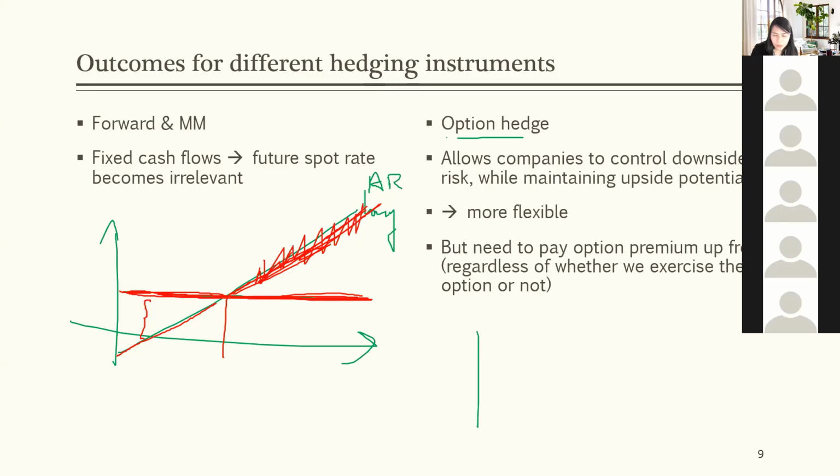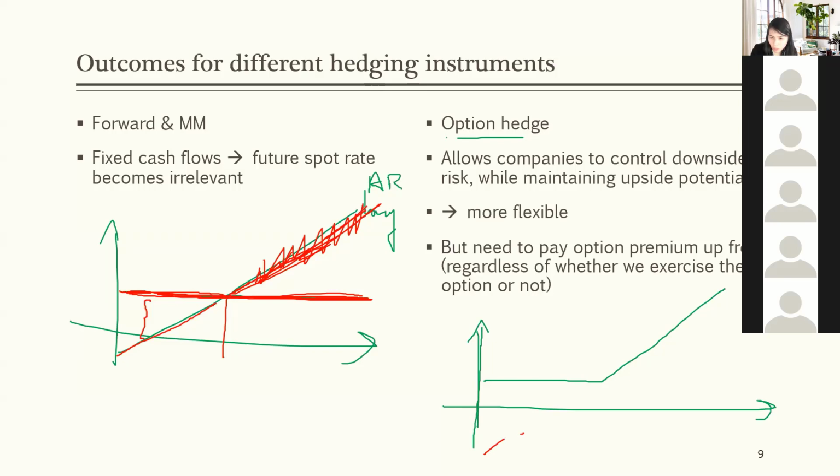On the other hand, for an option hedge, let's say we have an account receivable again. The hedge position will result in something like this, okay? So on the downside, you've got protection from the option contract.